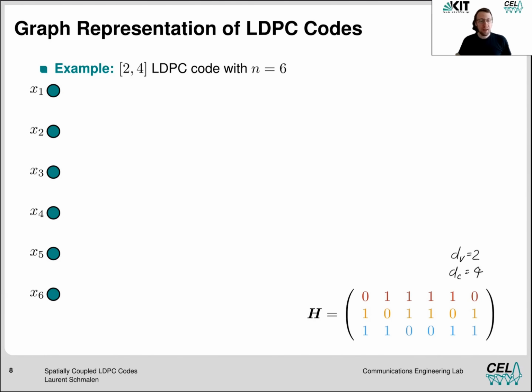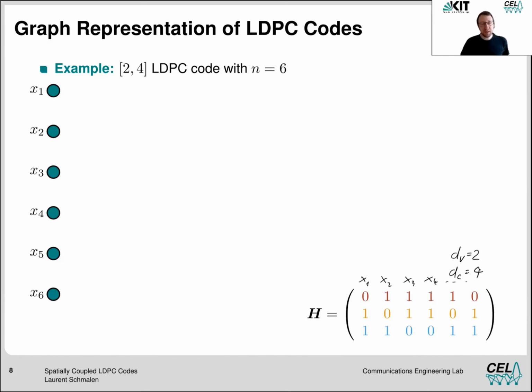And what we do is, to each column of the parity check matrix, which corresponds to one bit of our code word, so each column corresponds to one bit. First column corresponds to x1, second column to x2, third column to x3, fourth column to x4, and so on. We draw one of those circles, which are called variable nodes.